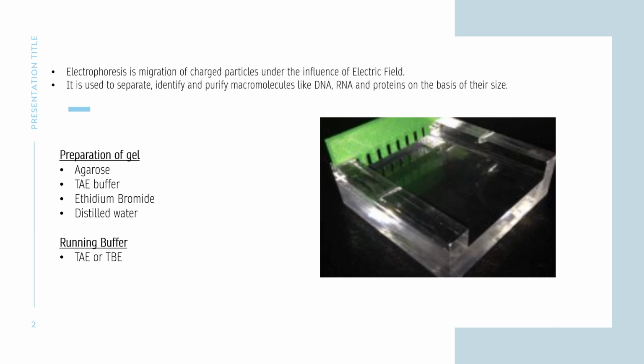Protein is a polymer of amino acids, and some of the amino acids are charged because of the presence of the R group. So these macromolecules arrange themselves on the basis of their size under the influence of an electric field through this process of electrophoresis.